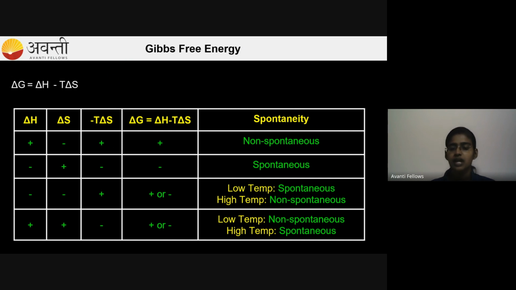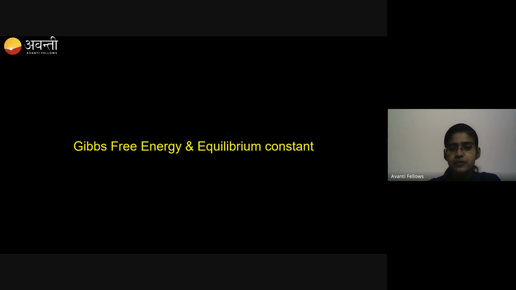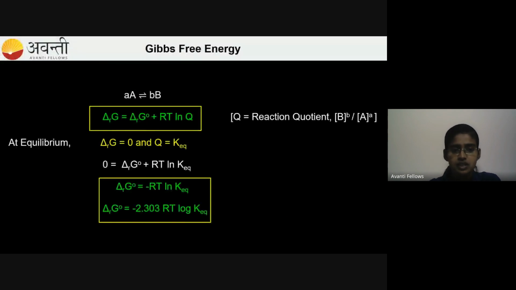Now coming to the last relation, which relates Gibbs free energy and the equilibrium constant. If I have a reactant A giving B, and both are in equilibrium with each other, and I want to write the delta G_R for that, I can write it like this, where Q denotes the reaction quotient. It is product by reactant raised to their stoichiometric coefficients. At equilibrium, this part is going to be 0 and Q will be equal to K_eq, the equilibrium constant.